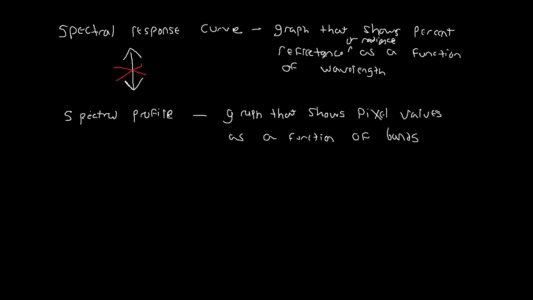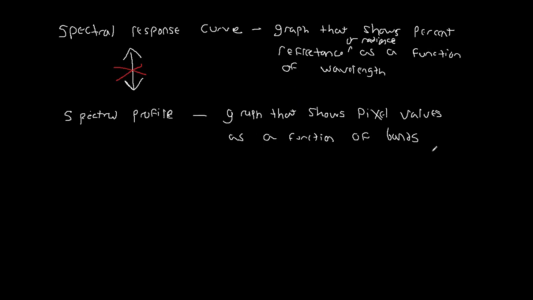Like I said, at a high level these two things tend to be used interchangeably, but there really is a difference. A spectral response curve is sort of pure. This is every wavelength across a given region, and it's about a specific object, versus the spectral profile, which shows a pixel value as a function of bands.